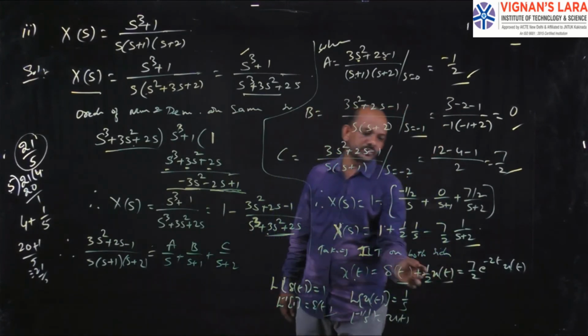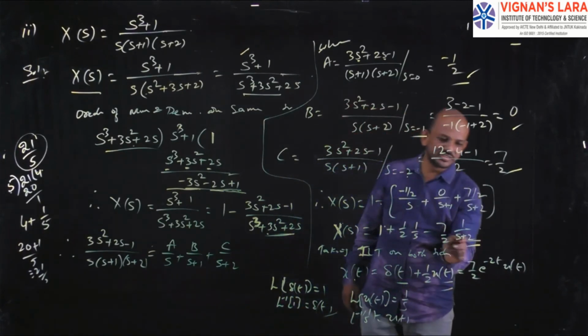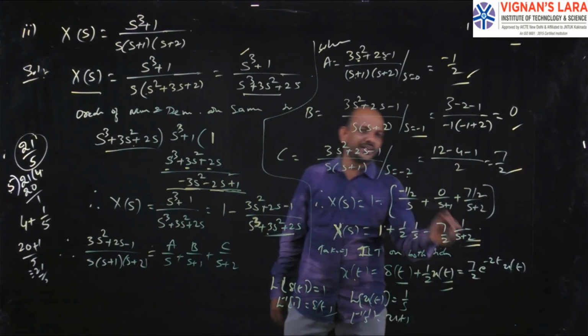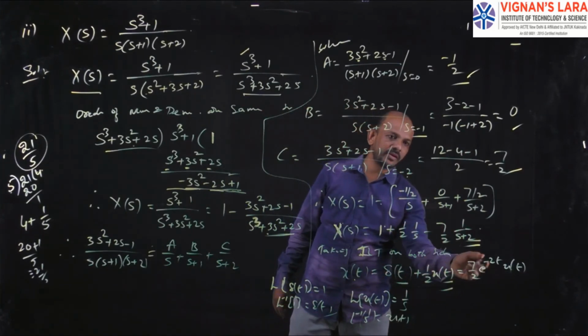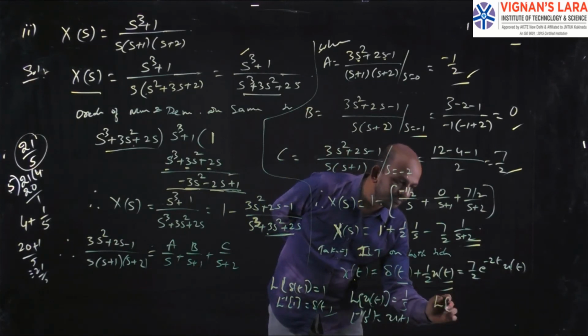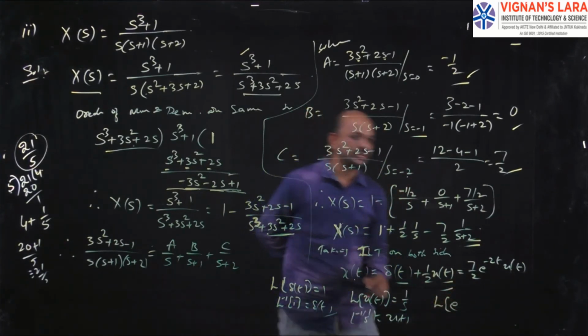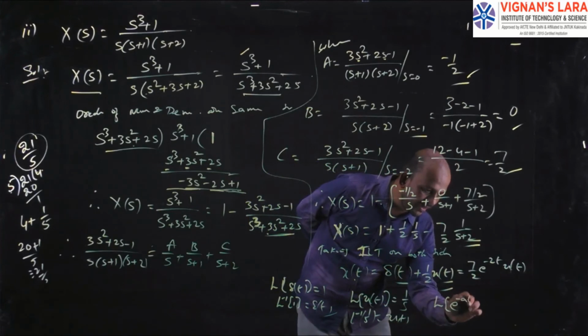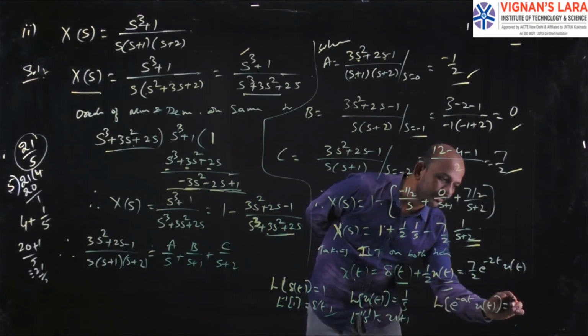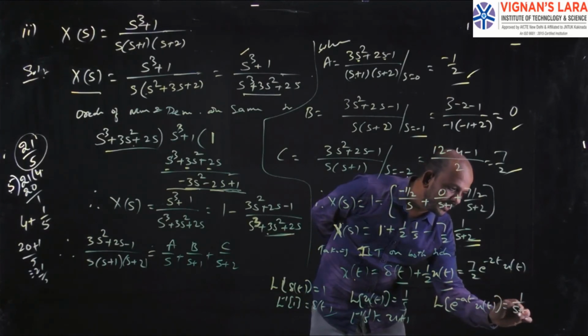So here for 1 by s, the inverse Laplace transform is u of t. So constant 1 by 2 into u of t. And so this is for inverse Laplace transform of 1 by s plus 2. That is nothing but e power minus 2t into u of t. So you already know, Laplace transform of e power minus at into u of t will be equal to 1 by s plus a.